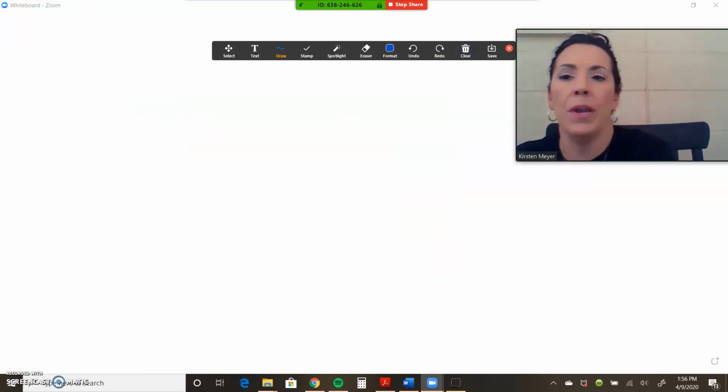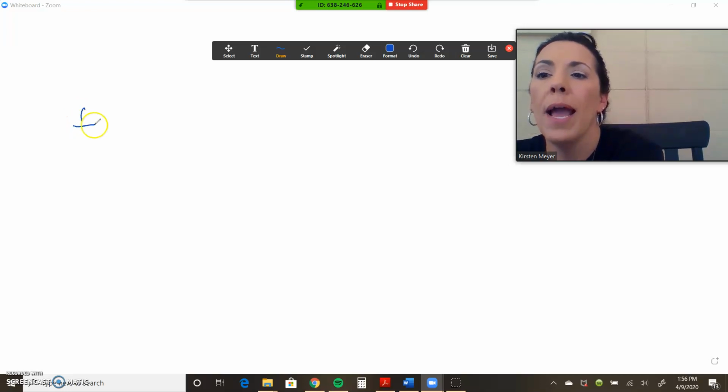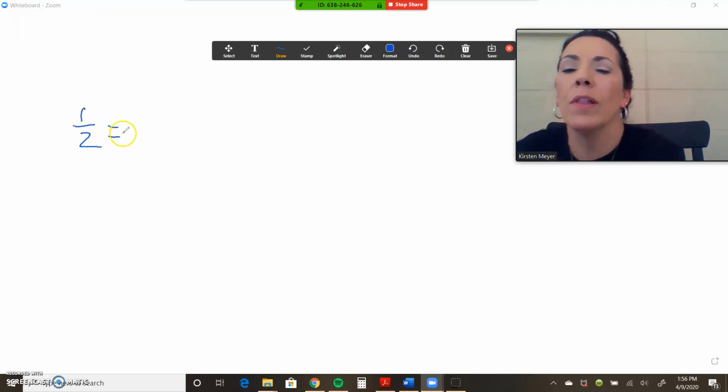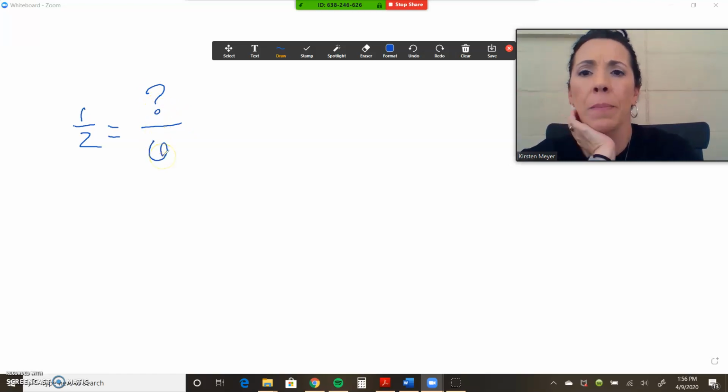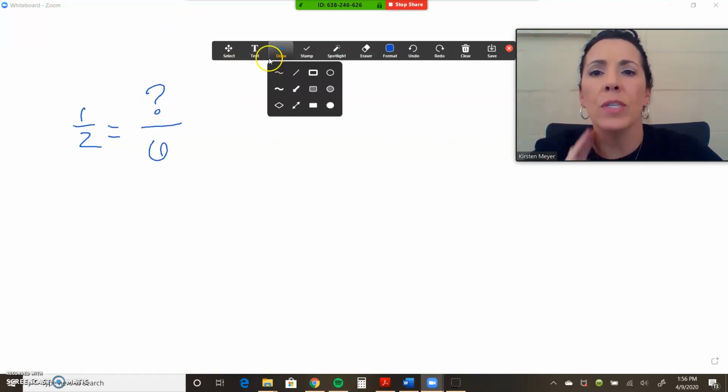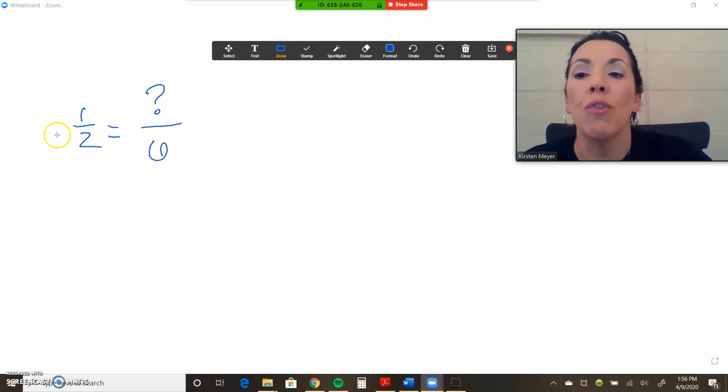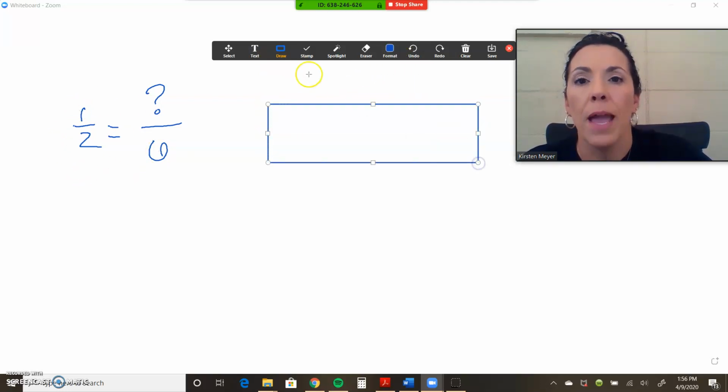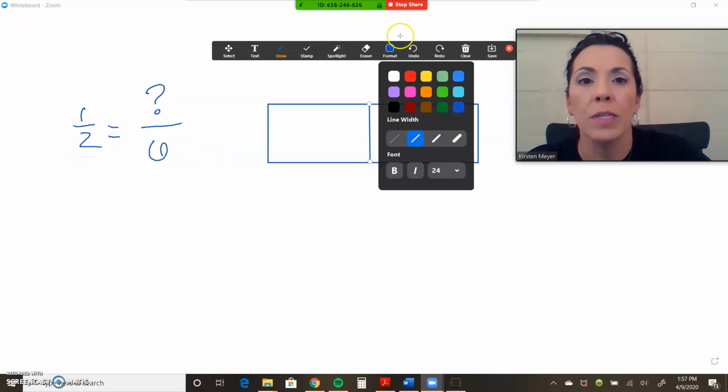This time, I want to know 1/2 is equivalent to how many sixths? Okay, so the first thing I want to do is draw what I know. I know how to draw a shape, and I know how to put it into 2 parts.